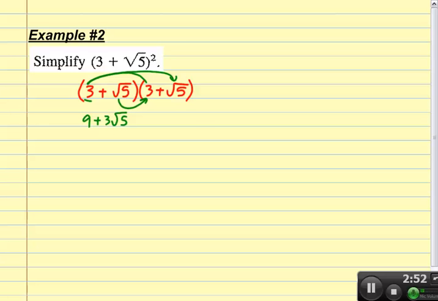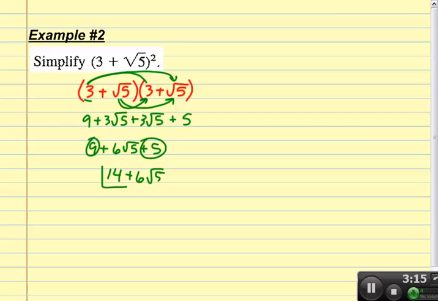Positive root 5 times 3 is also 3 root 5. And then root 5 times root 5 is just 5. Okay? So that's going to give me 9 plus 6 square root 5 plus 5. But look, I can put this and that together and get 14 plus 6 root 5. Done. That easy. Okay?